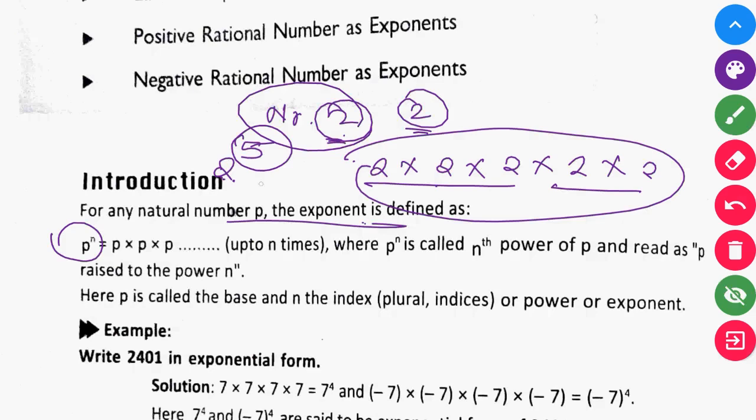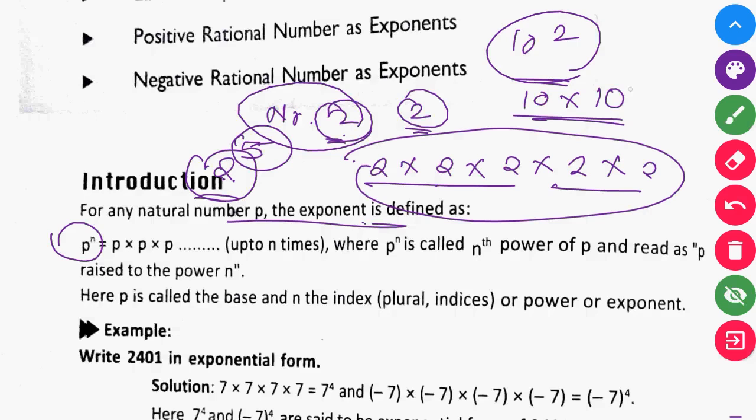So if the exponent is 5 and the natural number is given, you just have to multiply that natural number that many times. For example, if 10 raised to 2 is a number, it means 10 is multiplied 2 times, that is 10 into 10. So the answer for 10 raised to 2 is 100.